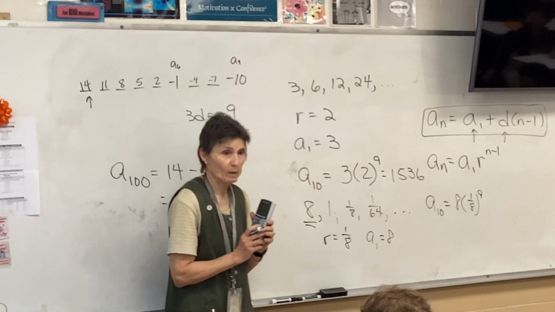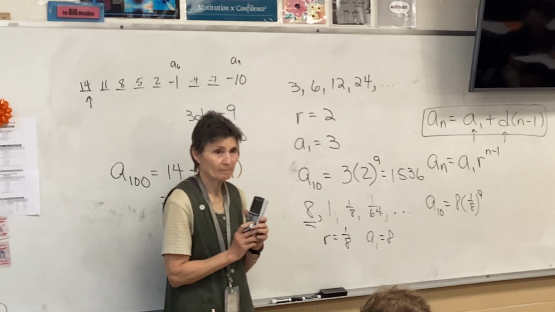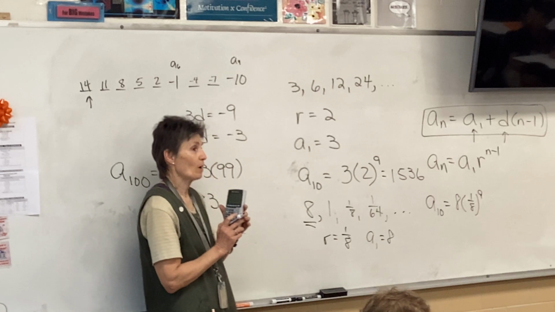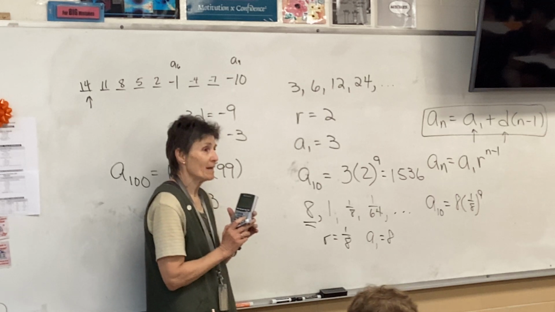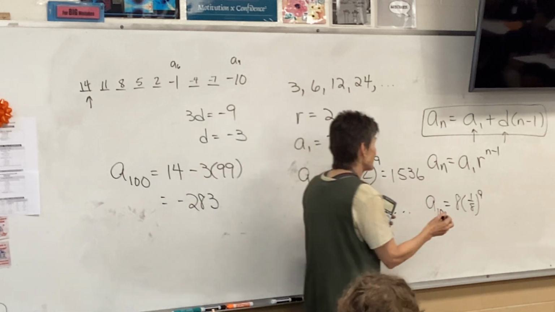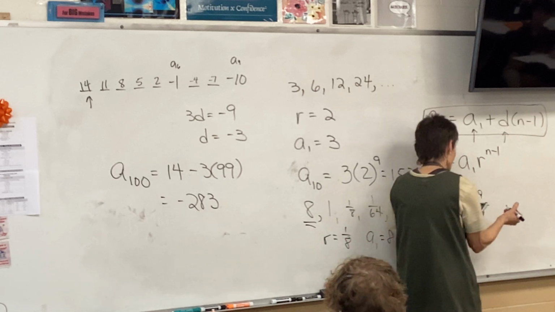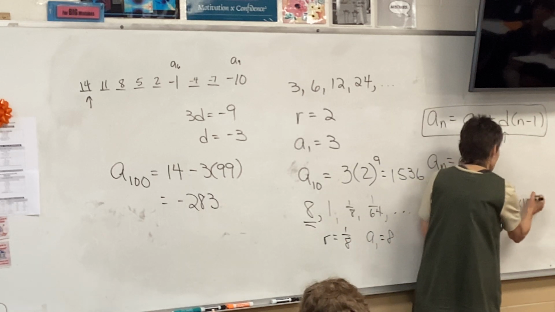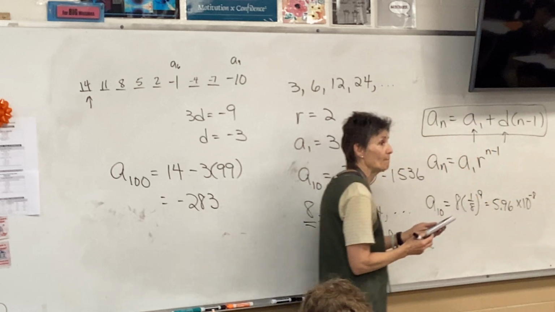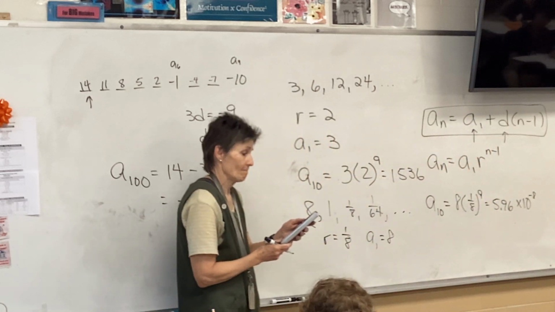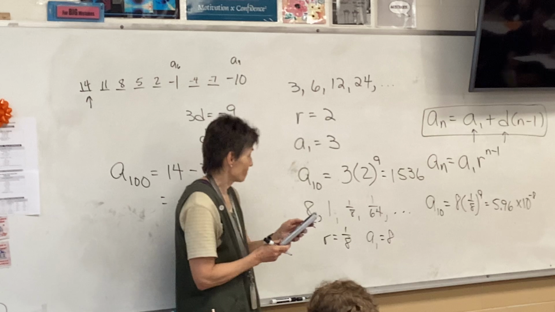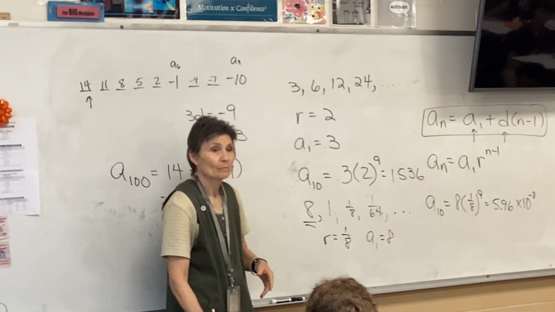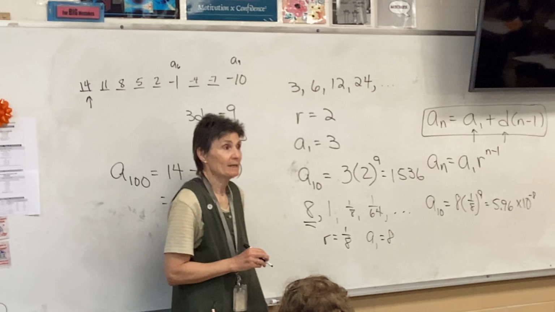Did you notice it went into scientific notation? My calculator won't change that into a fraction. I could do it manually, but it's okay. If it comes up so small like that, you can just write 5.96 times 10 to the negative 8. Is that what you got? Is that okay with everybody?